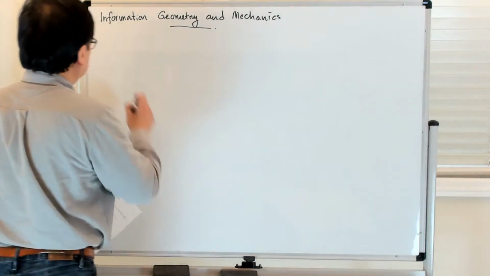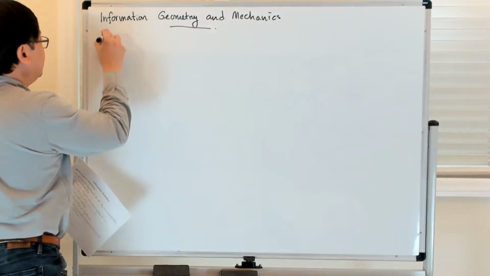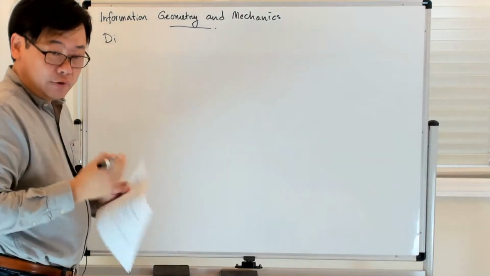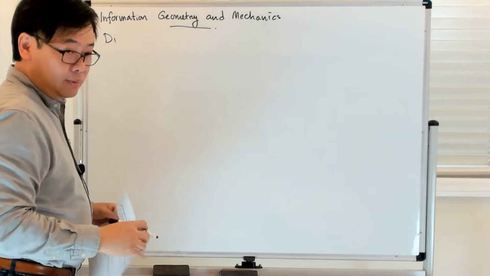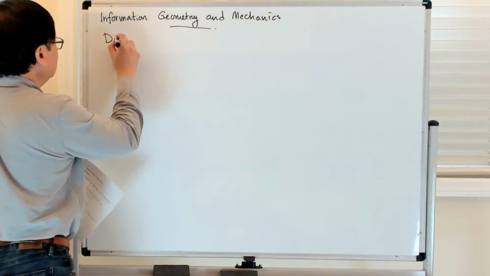Okay, so if you recall the last time we alluded to this idea of a divergence function, so I will try to be a little bit more explicit about what I mean by a divergence function.